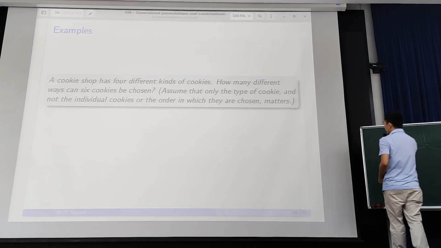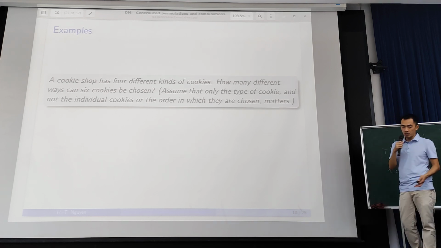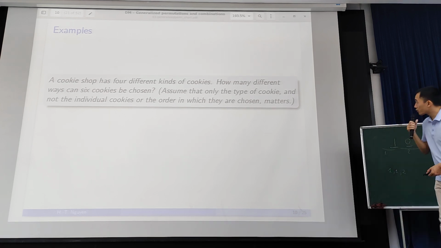Okay, so here, what are the balls? Are the cookies the balls or the boxes? You have 4 different kinds. So here you have 2 numbers, 6 here and 4 here. Which one is N, which one is R?